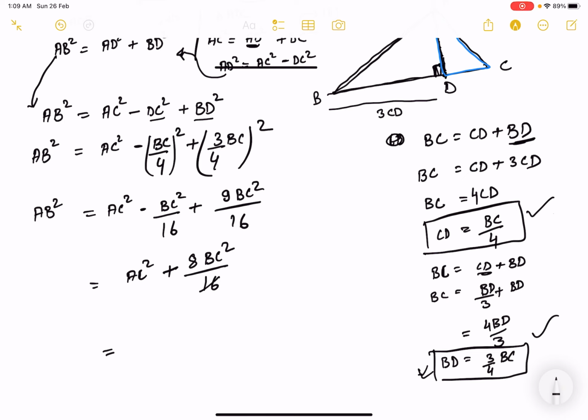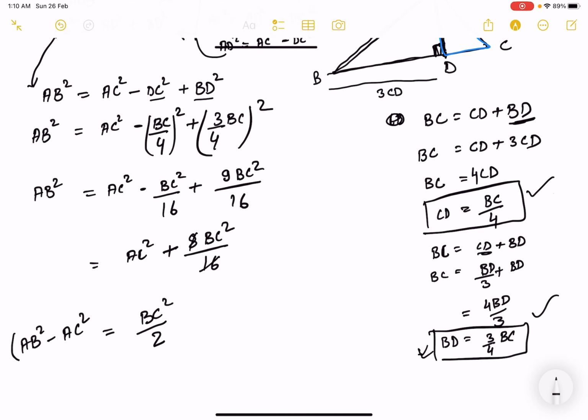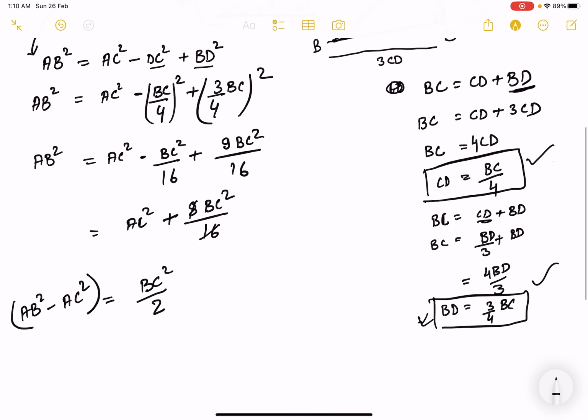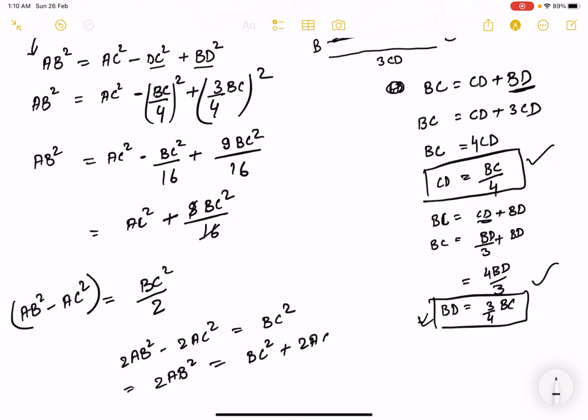Further simplifying, we'll have AB square minus AC square is equal to BC square by 2, or we have 2 AB square minus 2 AC square is equal to BC square, or we can write 2AB square, just rearranging the terms, is equal to BC square plus 2AC square.